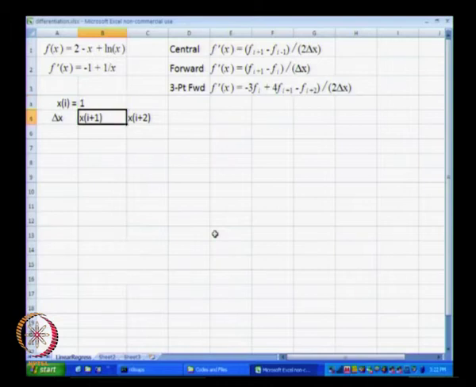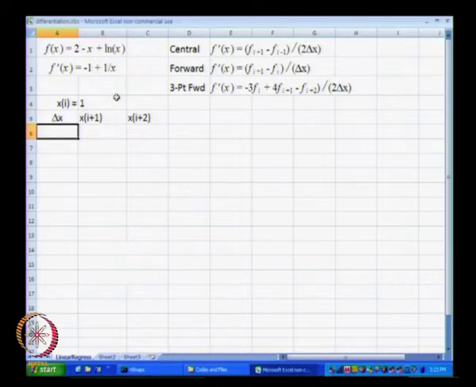When xi is equal to 1, substituting x equal to xi in this equation, we get minus 1 plus 1 divided by x, which is minus 1 plus 1, which is 0. So f dash at x equal to 1 is 0 for this particular equation. Any deviation from 0 means we do not have the exact value.